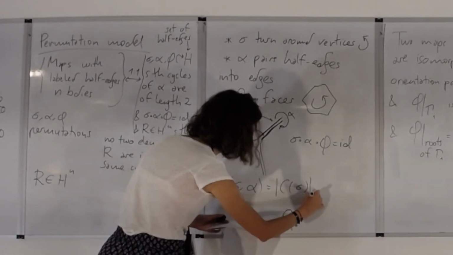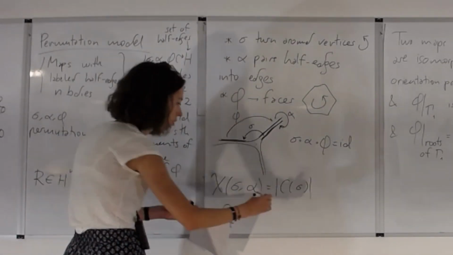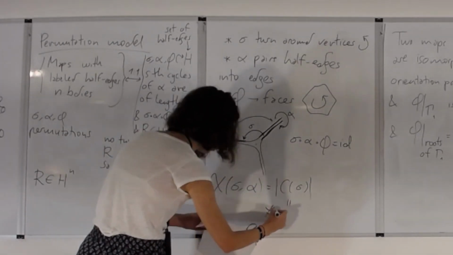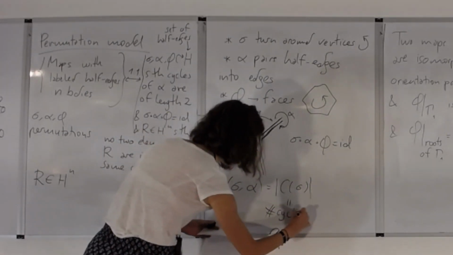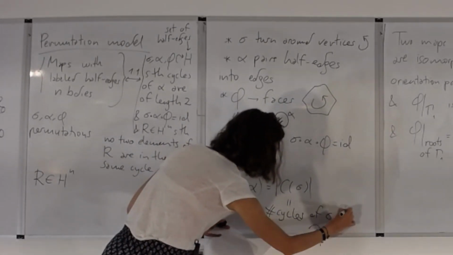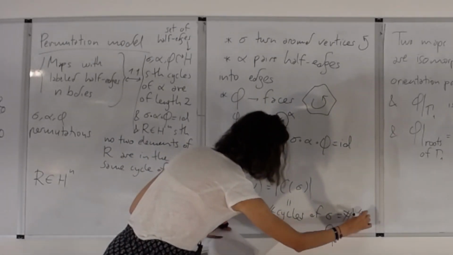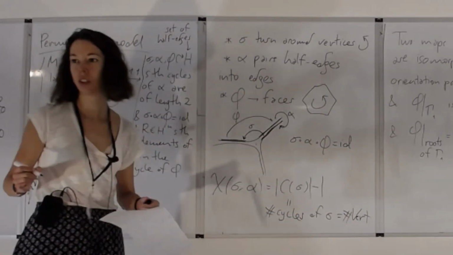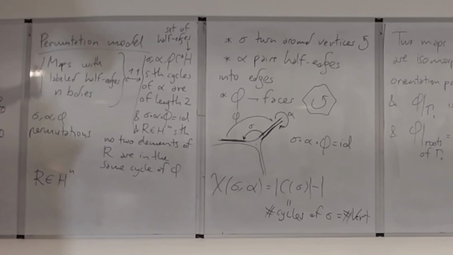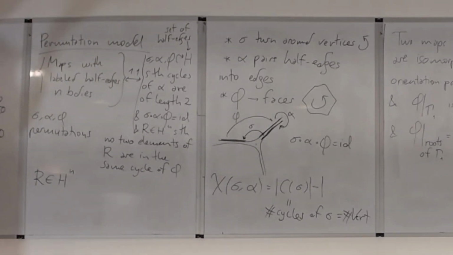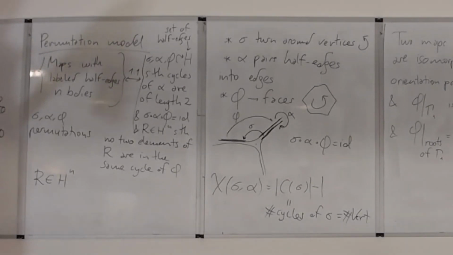is just the number of cycles of sigma, which is the same as the number of vertices, minus... So they are permutations, so they have a representation in disjoint cycles.